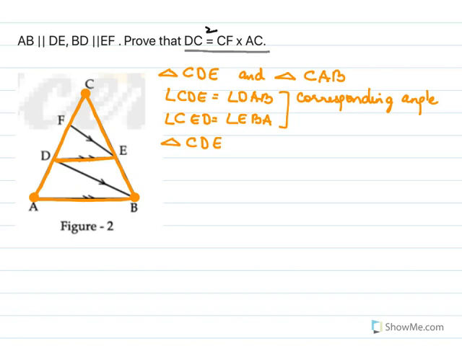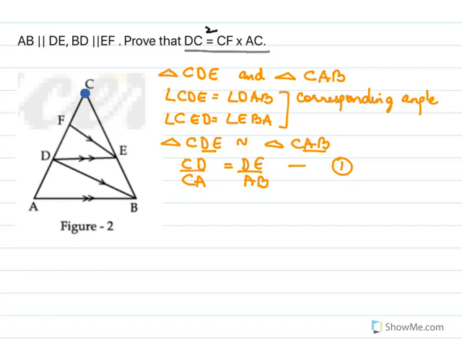So triangle CDE is similar to triangle CAB, which means that CD over CA will be equal to DE over AB. We'll put this as equation 1. Now we'll take up the next triangle, that is CDB.